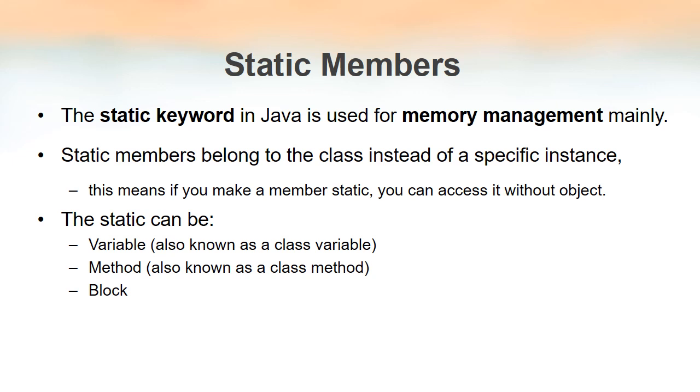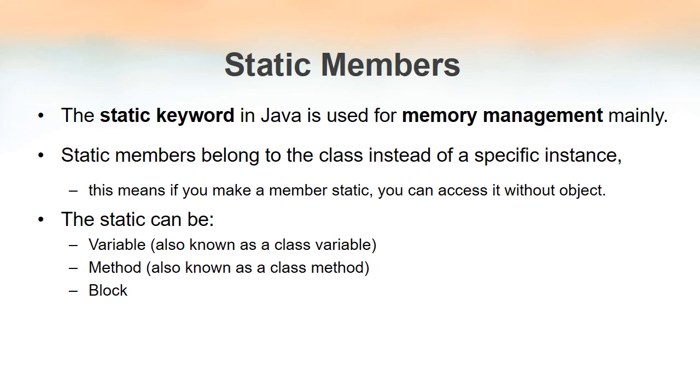So each object will have its own copy of 5 variables and 3 methods. Its own copy means we have to allocate some space for that in the computer memory. Suppose we are creating 10 objects of that class. So we have 10 copies of that class, and each copy will have 5 variables and 3 methods. That means that much memory is used up.